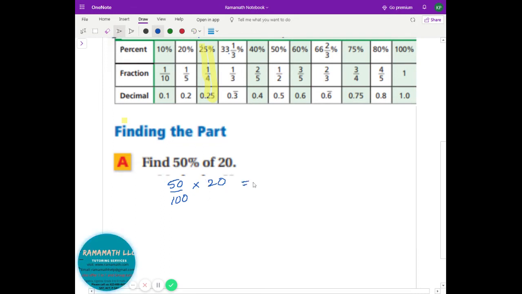Then you can just do the math. It's 5 times 2, that is 10, with 2 zeros over 100. So that's 10. This is the fastest way to do it.